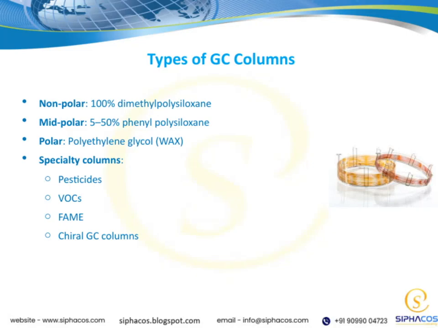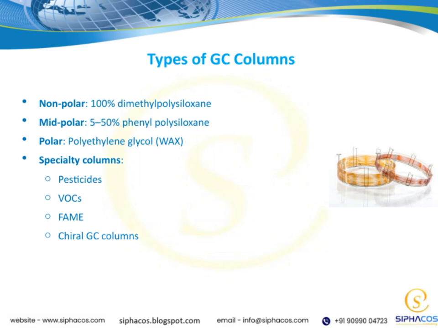Let's take a closer look at the different types of GC columns. First, we have nonpolar columns, which are typically made from 100% dimethyl polysiloxane. These are great for separating nonpolar compounds because they have minimal interactions with the analytes, allowing for faster and more straightforward separations. Next, there's the midpolar category, which uses 5 to 50% phenyl polysiloxane. These columns strike a balance, making them versatile for a wide range of compounds that have moderate polarity.